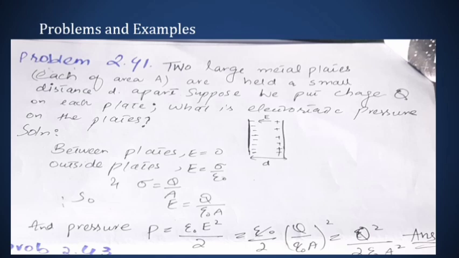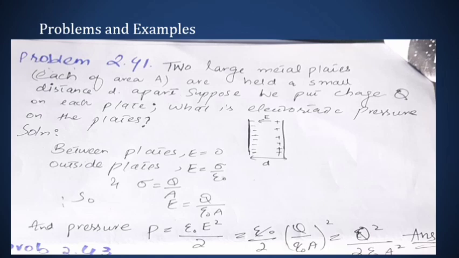Now the electric field between the plates is equal to 0, but there is an electric field outside the plates which is given by sigma over epsilon naught. The surface charge density is charge over area, so we put the value of sigma in the electric field and we get E equal to Q over epsilon naught times area.